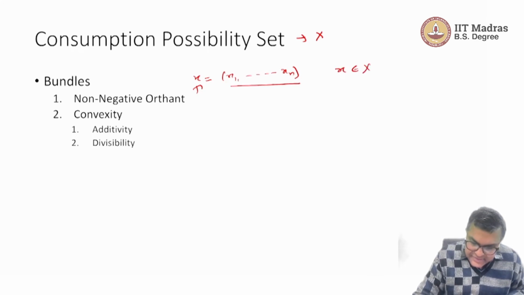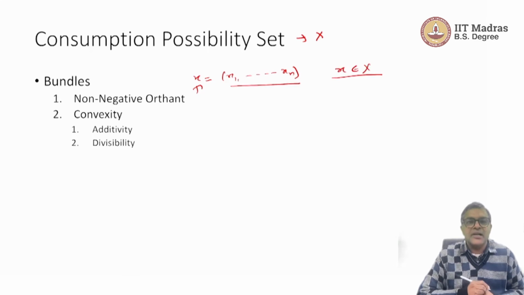We can say X is an element in the consumption possibility set. By mistake I said production. On the production side you have a production possibility set, which gives the different combinations of inputs that can give you a particular amount of an output or different outputs, and that all will be part of the production possibility set. Similarly, we have here the consumption possibility set, and I told you there are many similarities on both sides.